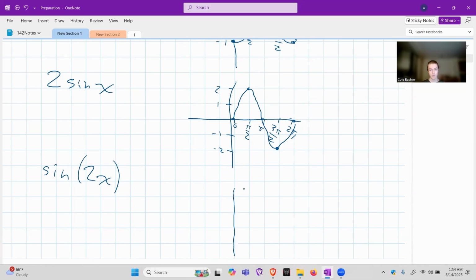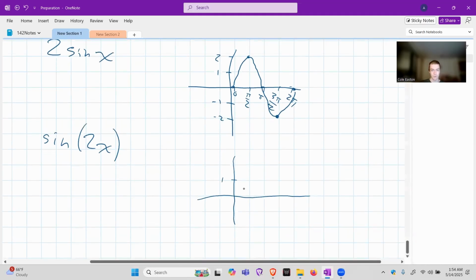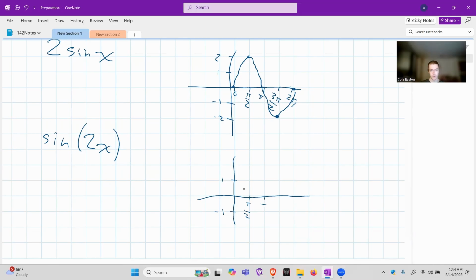I want to keep the axis the same so we can compare it. So we're going to go pi over 2, pi over 2, pi. Except I want to think about some points in here as well.